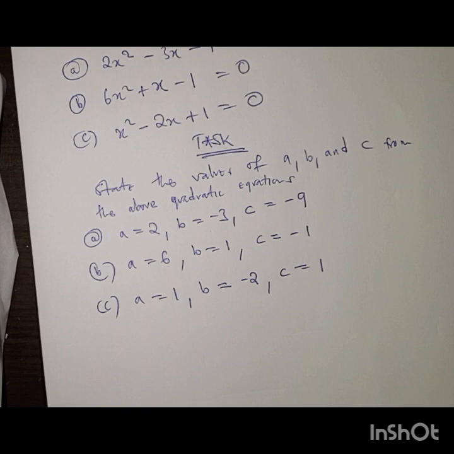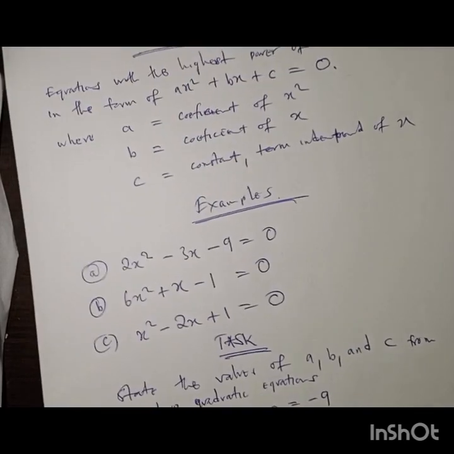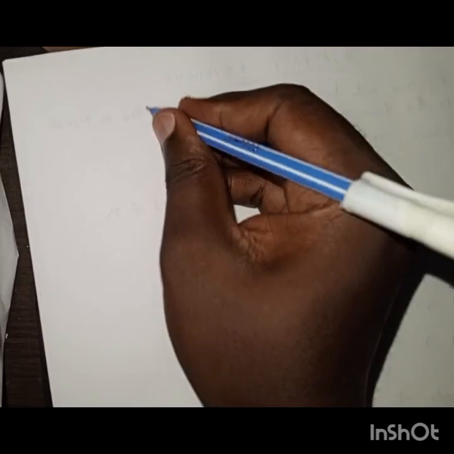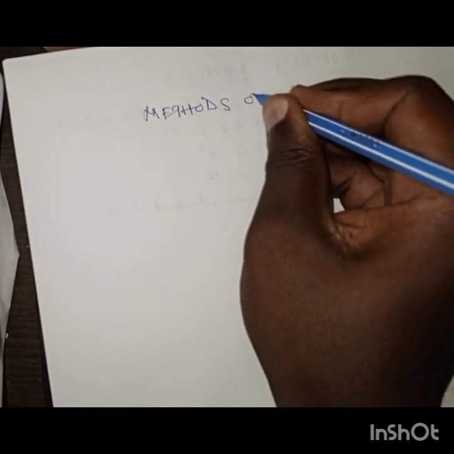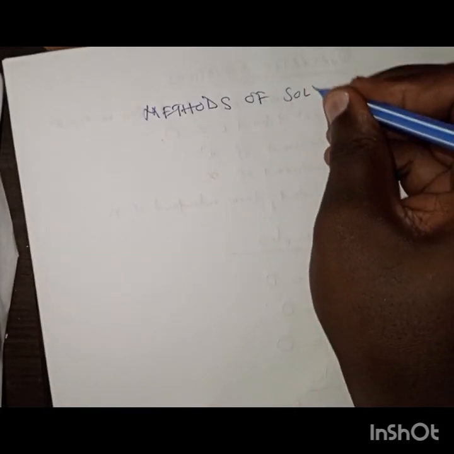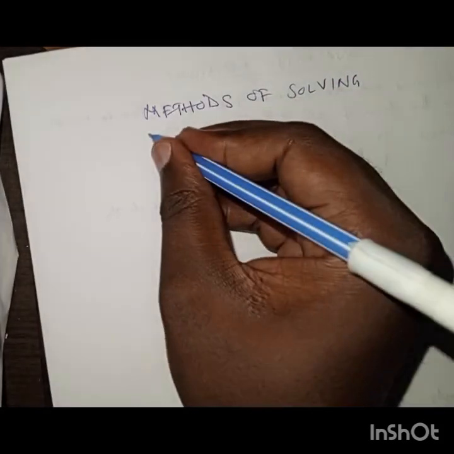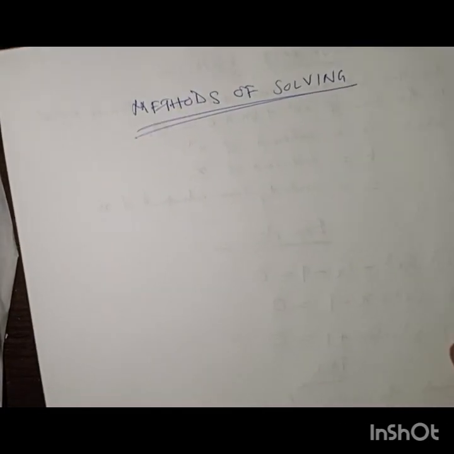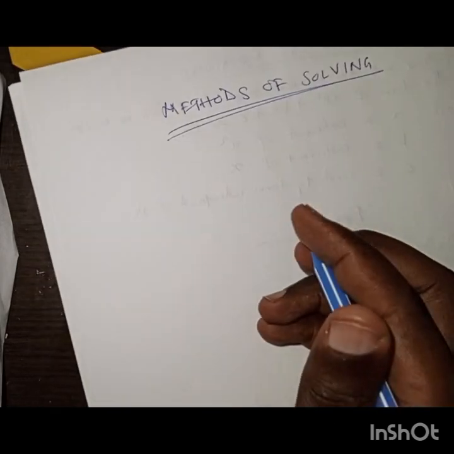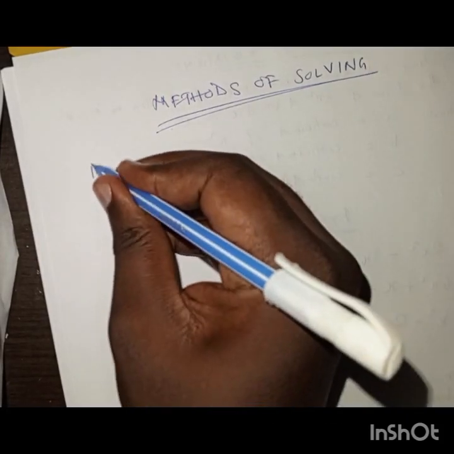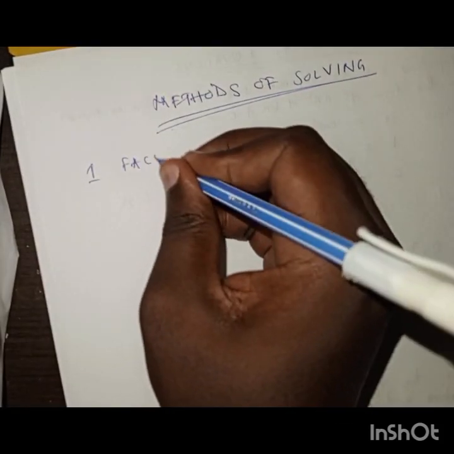Now, how do you solve these equations? So methods of solving. Okay, so quadratic equations can be solved I think in 4 ways. So the first one we'll look at is the factorization method.